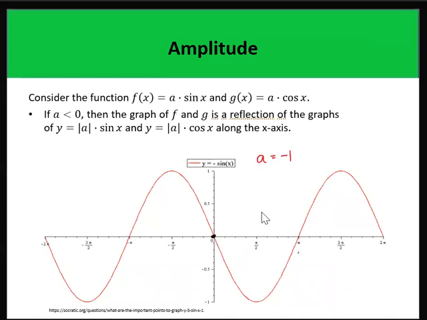So this is the graph of the basic sine function, with the 5 important points that we highlighted earlier. So the black graph here represents the graph of the basic sine function. If we reflect the black graph along the x-axis, then we get the red graph as the graph of y is equal to negative sine x.